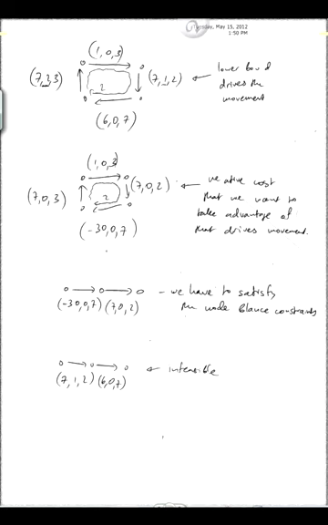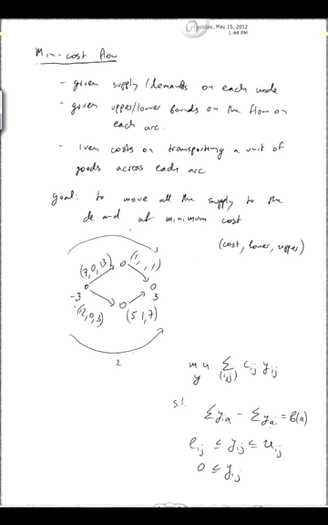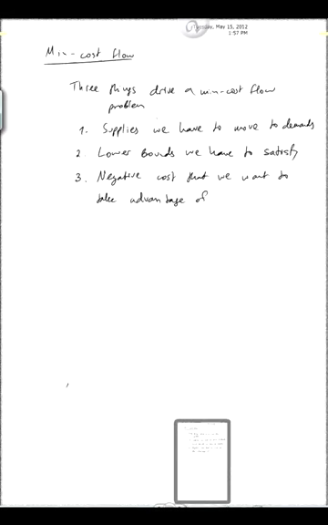In this example, it was the negative cost that drove the flow. In this example, it was the lower bound that drove the flow. And in this original example that we did, it was the supply and demand here that caused us to have movement across this network. So those are the three options for driving min-cost flow problems.